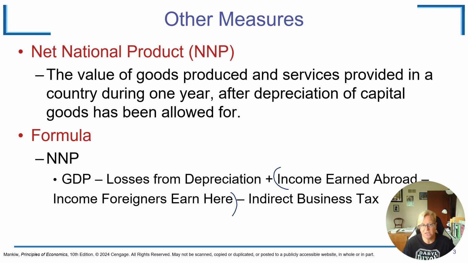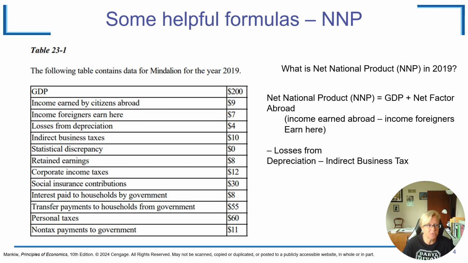I'll show you a problem from the test bank. It's one of the more challenging problems. Hopefully you don't see some of these on the test, but you might, and if you do, I want you to be prepared to answer them.